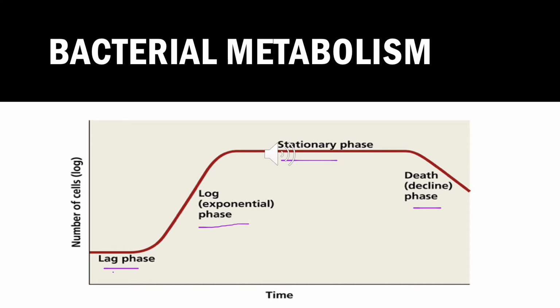So I just wanted to explain that the cell will do what it can to a certain extent to metabolize whatever's available, but then at some point it's just not going to be able to do that anymore, and it's going to decline. So there's no getting away from that, but there are methods of stalling that, should I say. So I just wanted to quickly bring that up, since that's going to be part of the discussion for this.